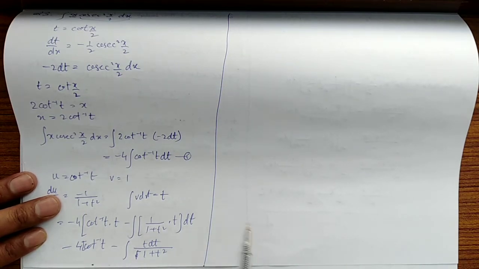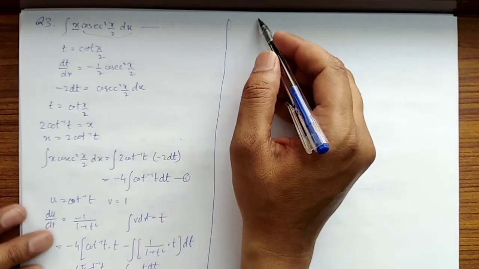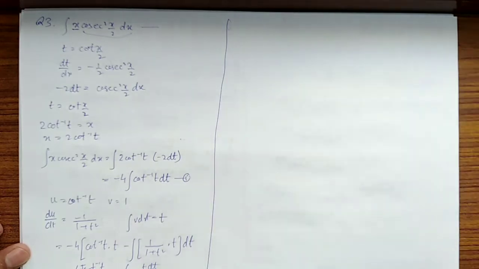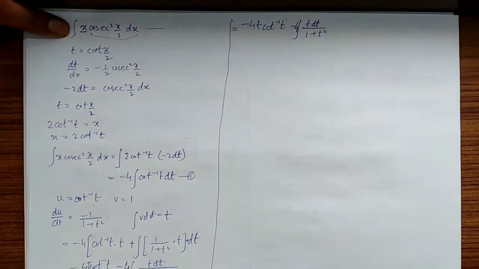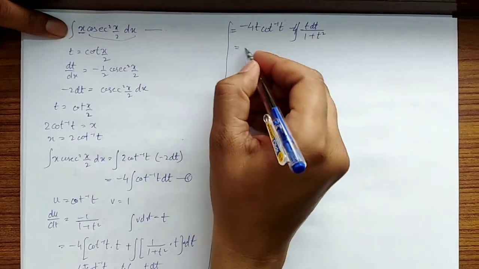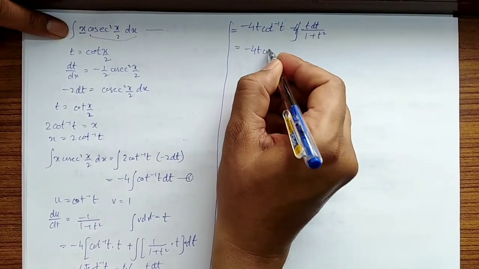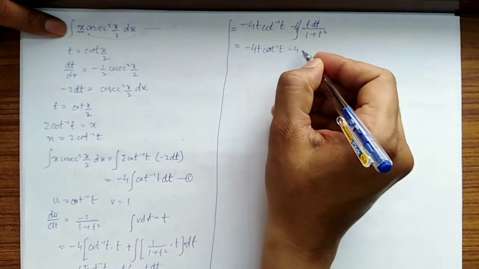Now let's move on to the top of this page. What will be the next part? I'm going to write this step again. Continuing with the same part, 4t cot inverse of t minus 4.